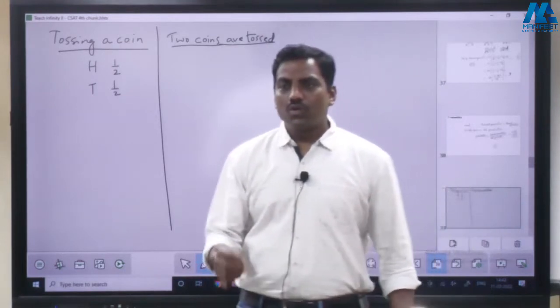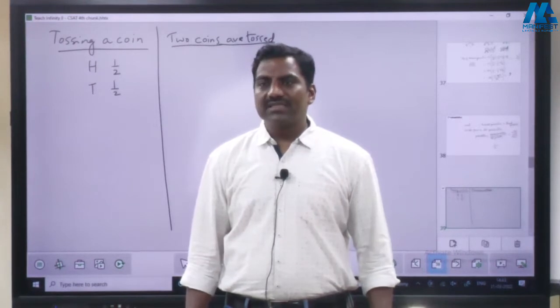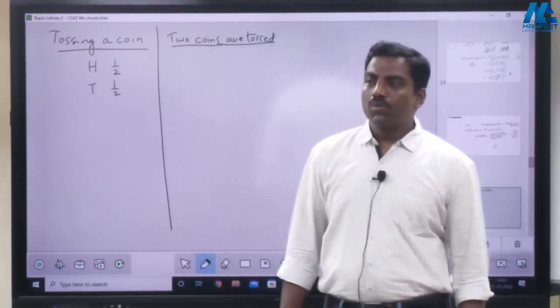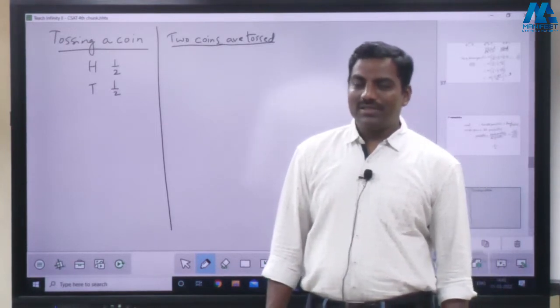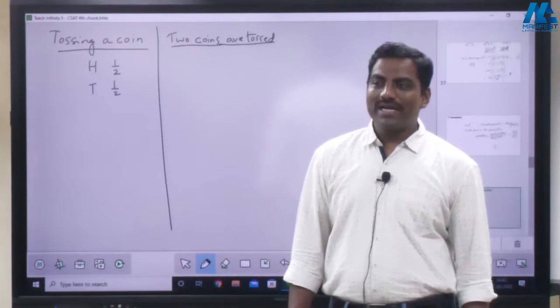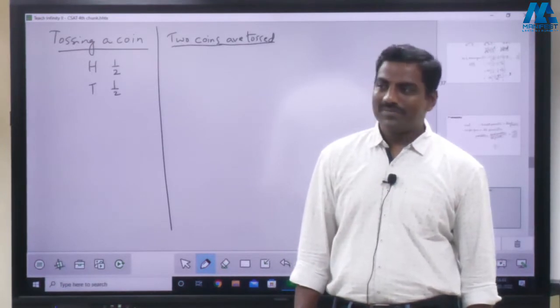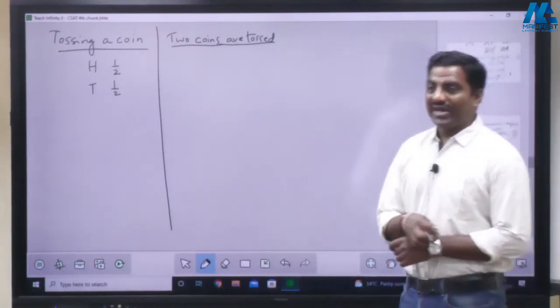You are flipping two coins together. What are the chances of getting both heads? Both tails? One head and one tail? Yeah. We have a certain way, certain method to write that.